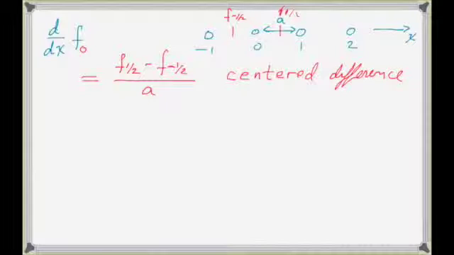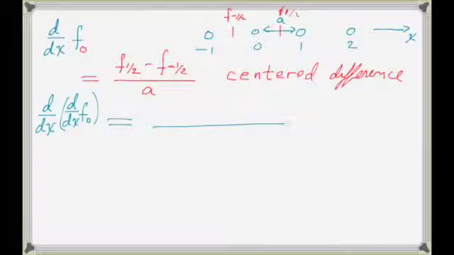So that tells you the algorithm to apply when you want to discretize a derivative. And now we just apply the same algorithm again to get the second derivative. So now I want d dx of this thing I just calculated, d dx f0. I just apply this to each term in that numerator.